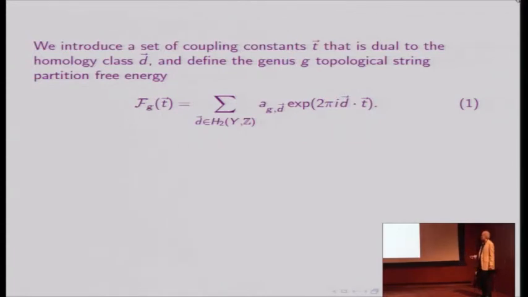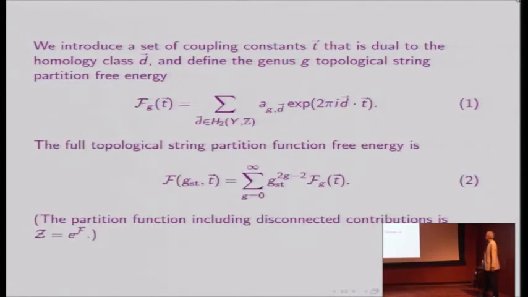For my lecture today, you don't need to know the details of this function, but there is such a function that you can calculate by counting holomorphic maps of a specified genus and also a specified degree to a target space Y. Then the full topological string free energy is the sum over genus of the genus G free energy times g_s to the 2G minus 2. So that's the full free energy, and then the partition function, including disconnected contributions, is e to the F.